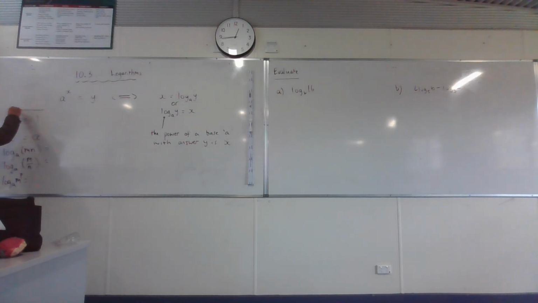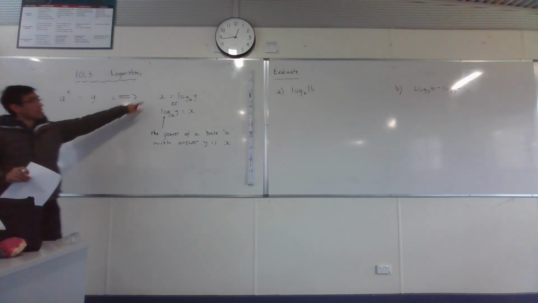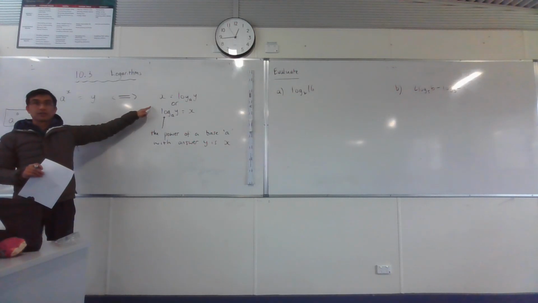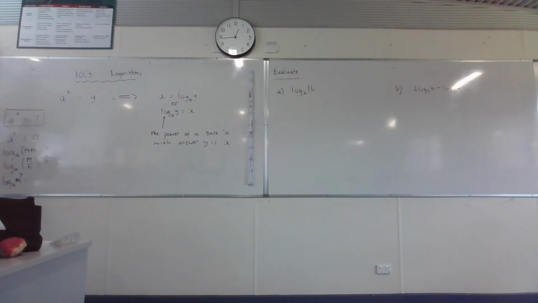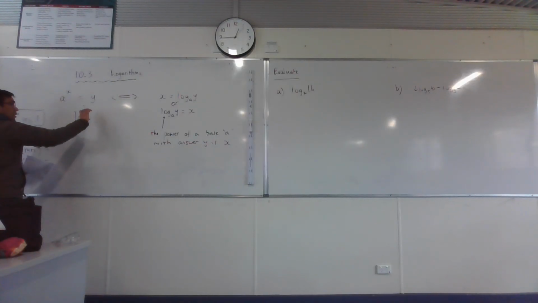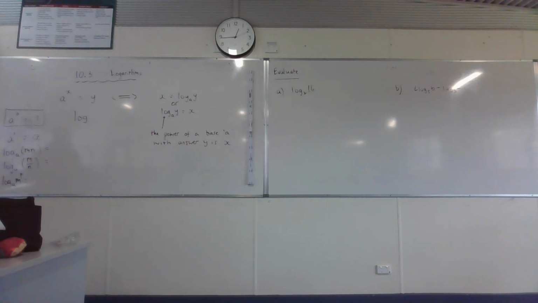Can someone rewrite this now as if it's in this form here? It's just a different form. Who wants to have a go? Okay. If I had a log, if I was saying the power of our answer, so log what?